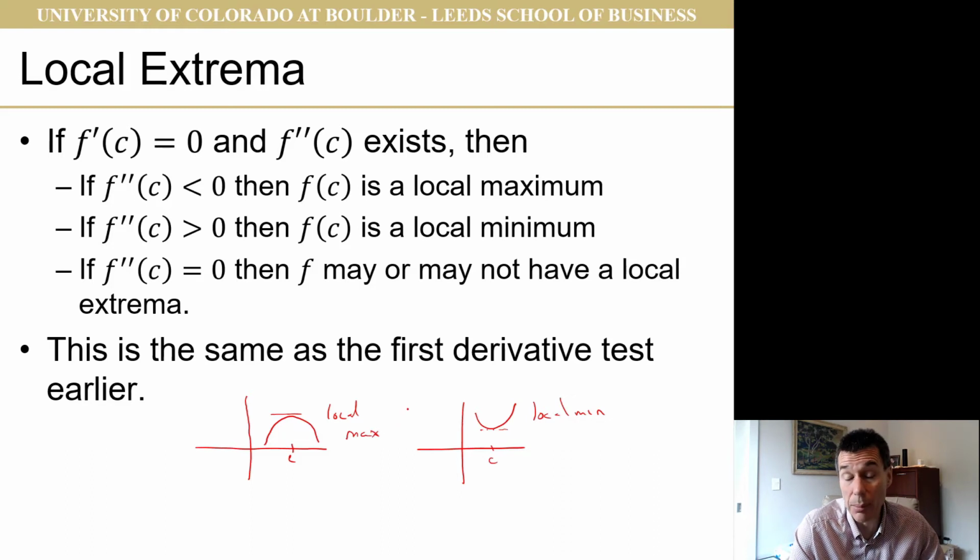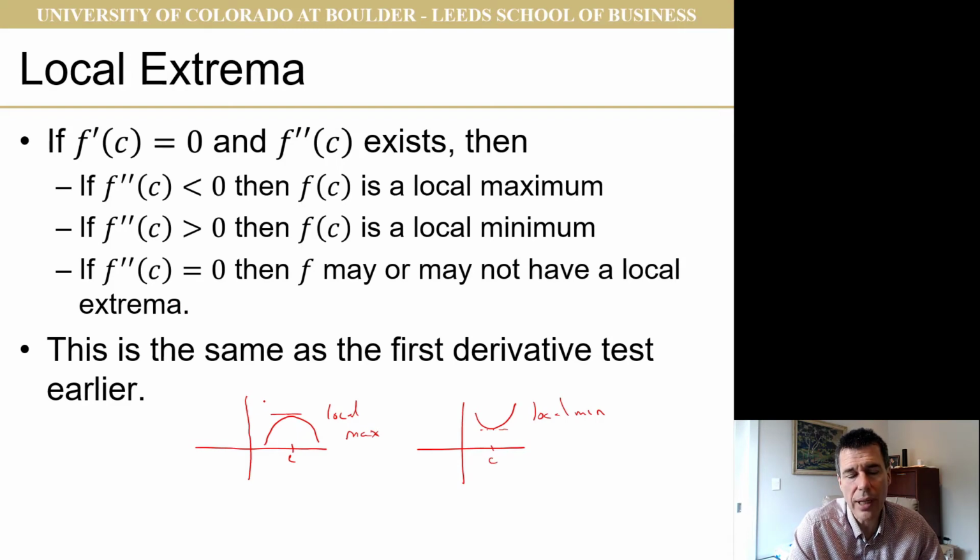I tend not to remember the exact wording of this test. What I tend to do is go, okay, let's take the derivative, let's find where the first derivative is 0, let's look at the second derivative. If it's positive, must look like this, oh yeah, local min. If it's negative, must look like this, oh yeah, local max. If f double prime of c equals 0, then we're just not sure, right?